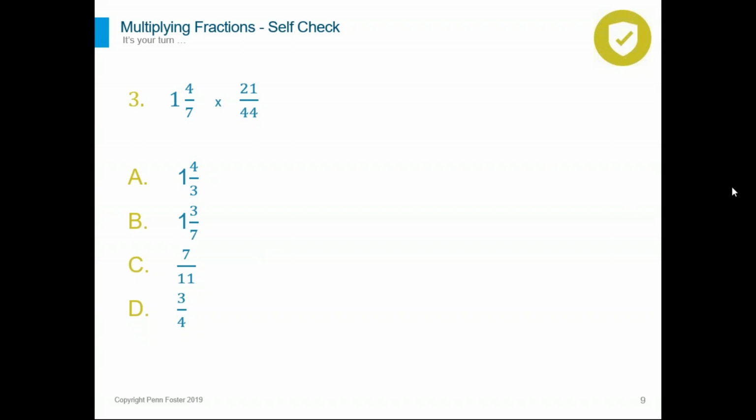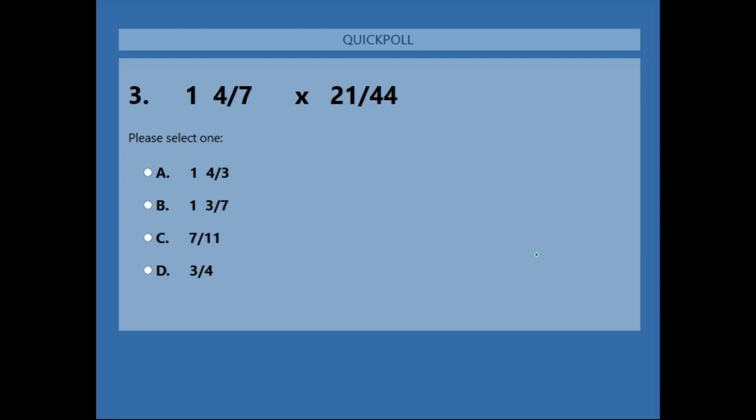Okay, here's the question again. And this time you're able to submit your answers. What would be the product of multiplying 1 and 4/7 times 21 over 44? It's the end of the day, so it's hard to do math maybe at the end of the day. So, okay, I have answers in, and so far the answers are correct.